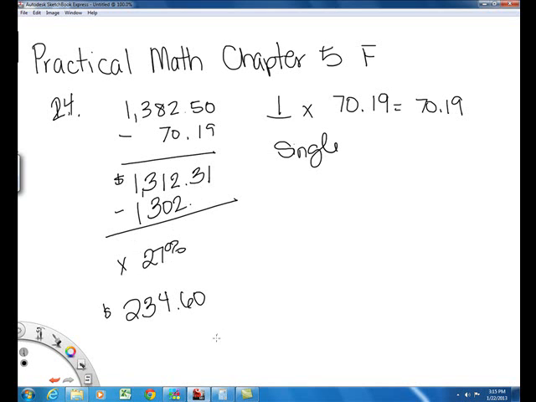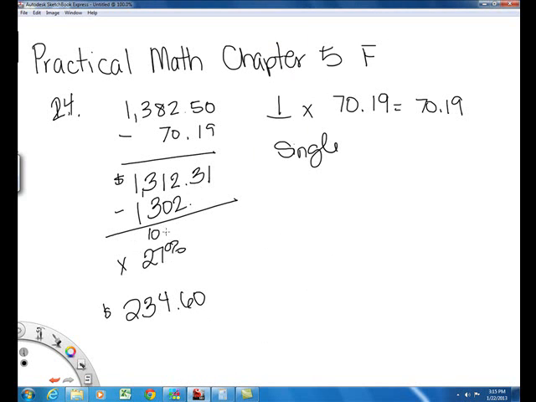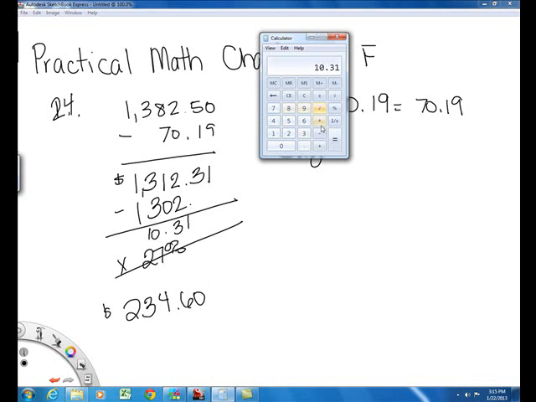So I'll take out the $1,302. So minus 1,302. And that gives me $10.31. Now I will add 27% of $10.31 to $234.60, and that will give me my tax amount.